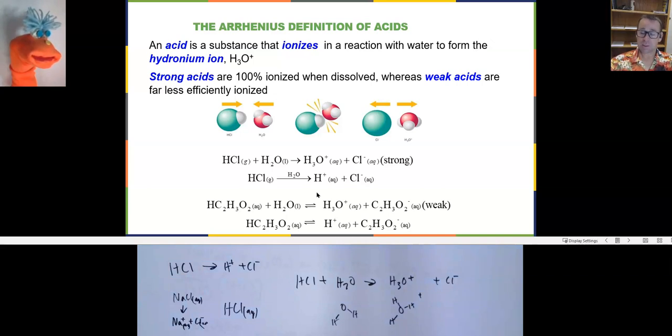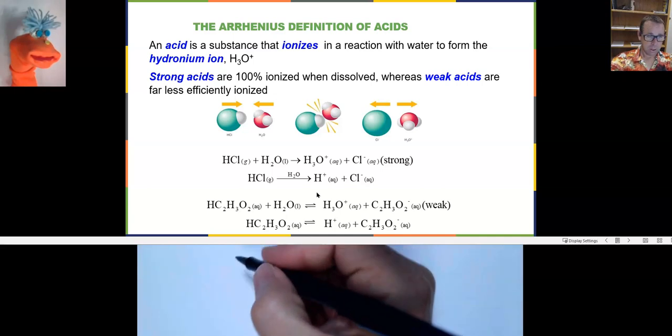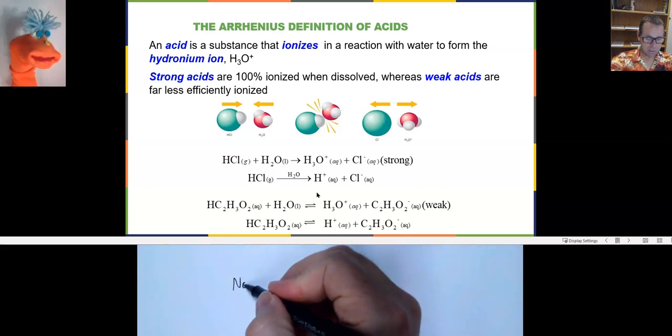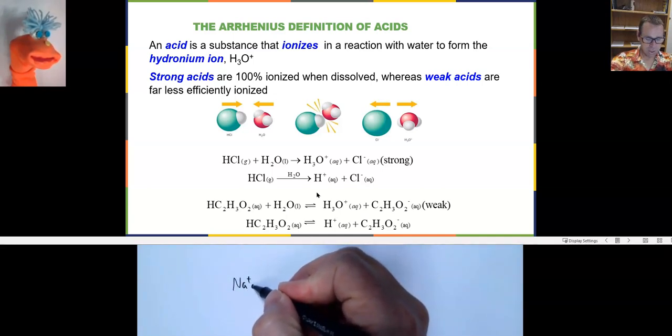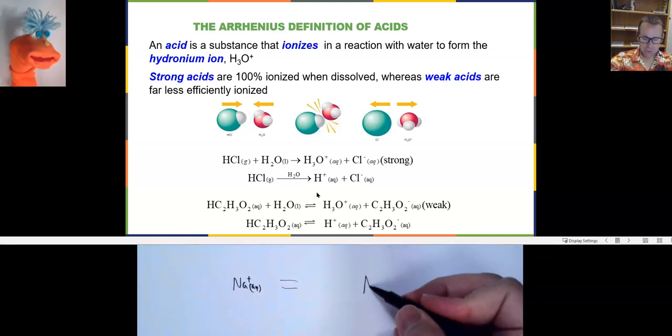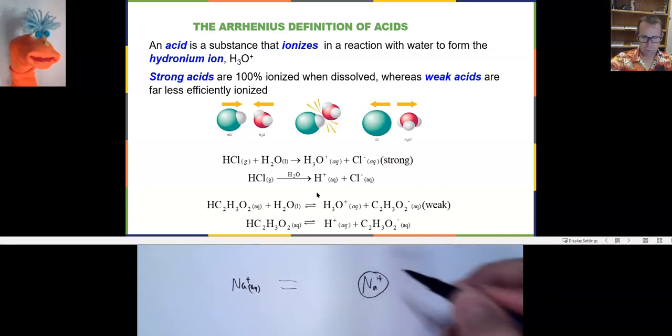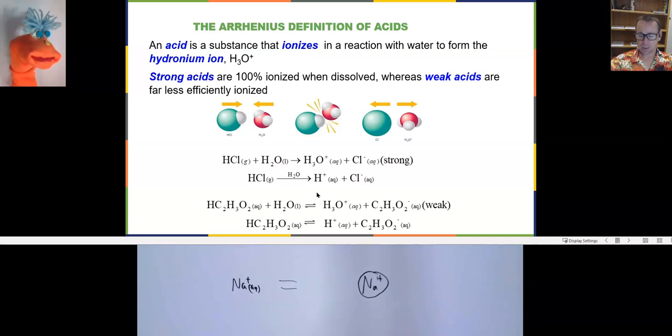To be aqueous means not just dissolved in water, that's exactly what it means, but it also means in the case of ions, if I draw this and say this is a sodium ion aqueous, what that means is there's a sodium ion, it's positively charged. I'm going to draw a little circle around it, it's a spherical entity.